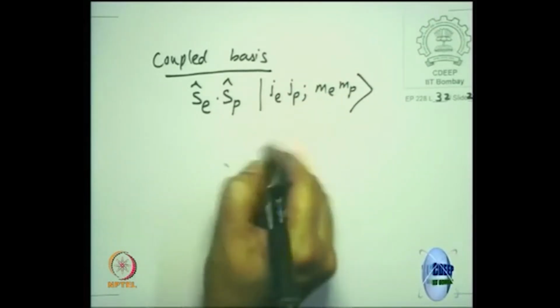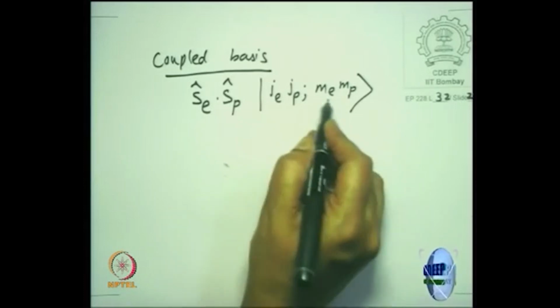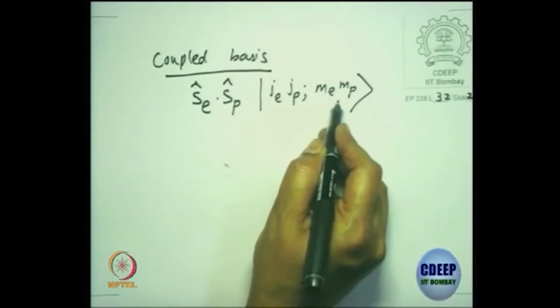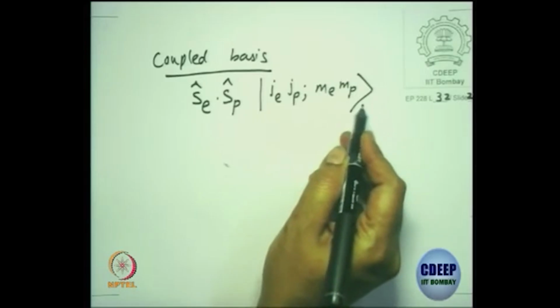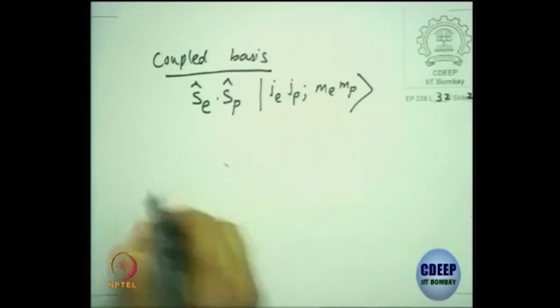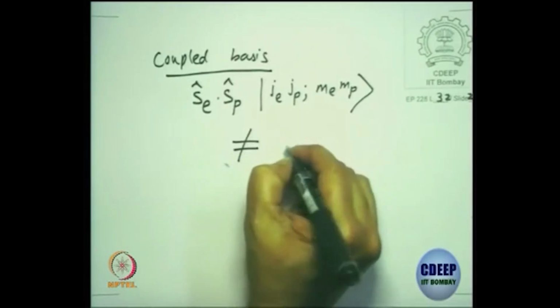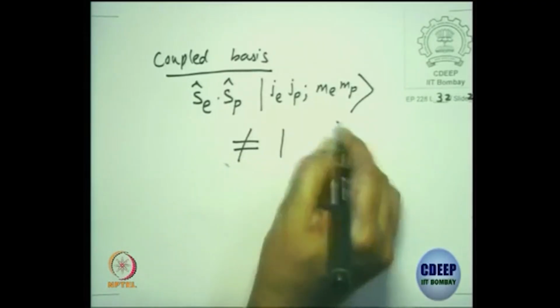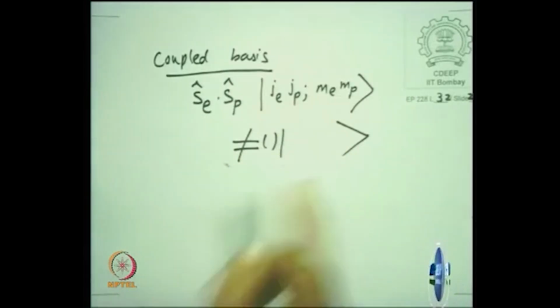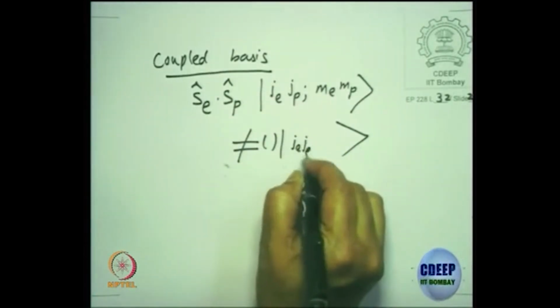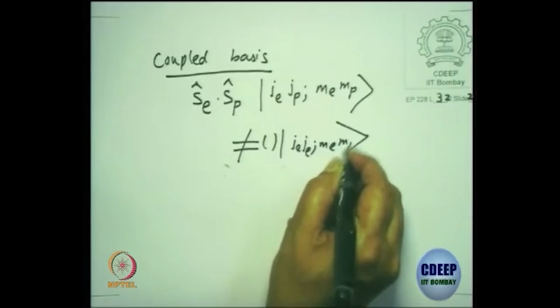It was not, especially for M_e equal to half and M_p equal to minus half. I'm sure you have checked this. So this is not in general equal to the same state with some coefficient. The uncoupled basis is not an eigenstate of this.